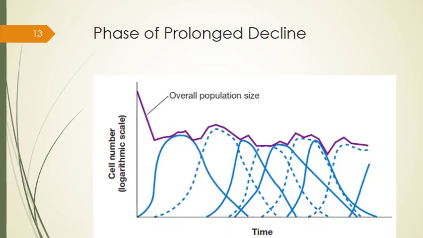Long-term growth experiments reveal that an exponential decline in viability is sometimes replaced by a gradual decline in the number of culturable cells. This decline can last months to years.